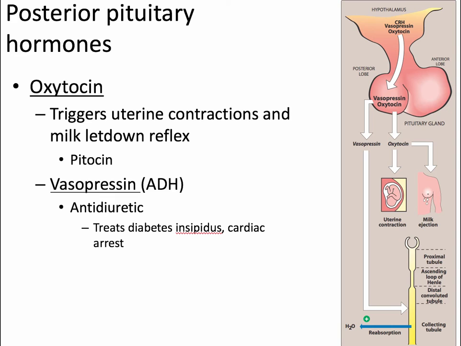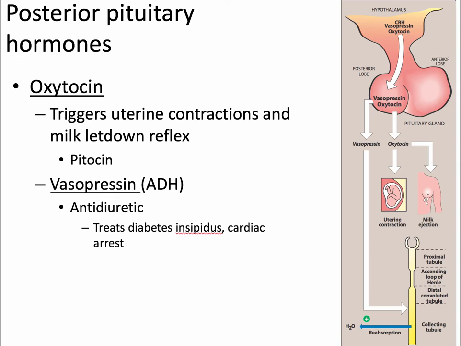Now, the posterior pituitary, remember, it's a different tissue. It works a little bit differently, but it does secrete its own hormones. So one of them is oxytocin. In the female, oxytocin helps to trigger uterine contractions, and it is also utilized in the milk letdown reflex for breastfeeding mothers.